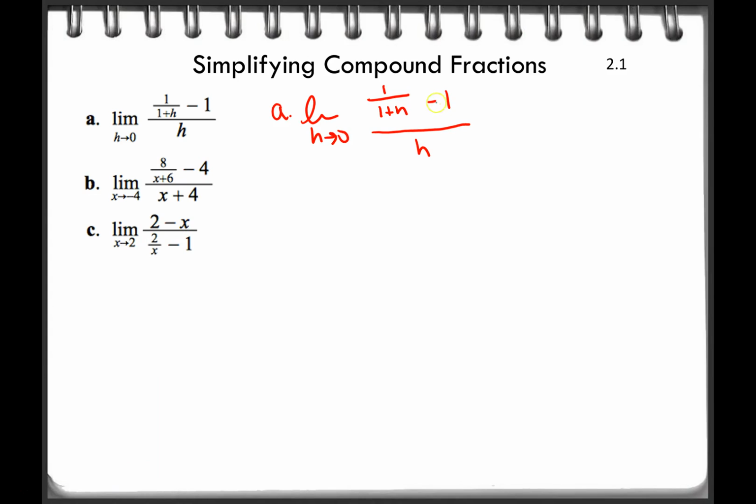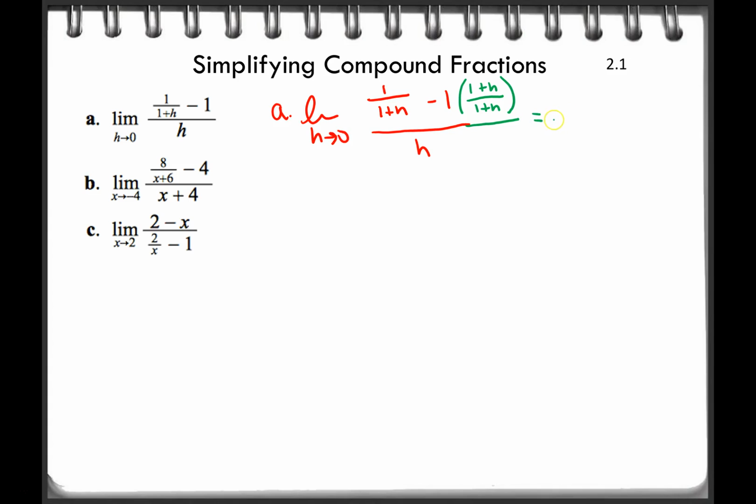So here, I know that I can only combine fractions when I have a common denominator. So I'm going to multiply by 1 plus h over 1 plus h. All right, what does this become?